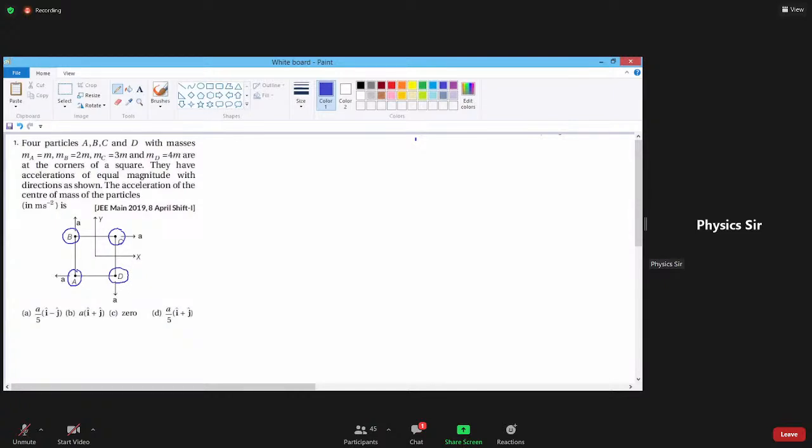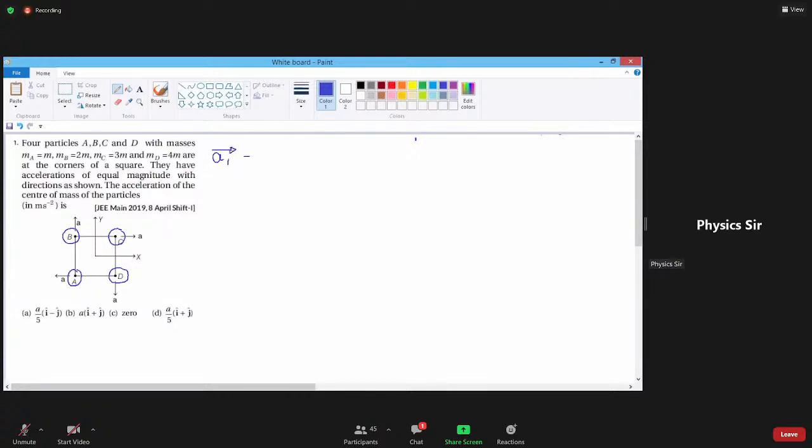Now what they are asking is, what will be the acceleration of the center of mass? So first of all, I know the masses, right? What is the acceleration a1?